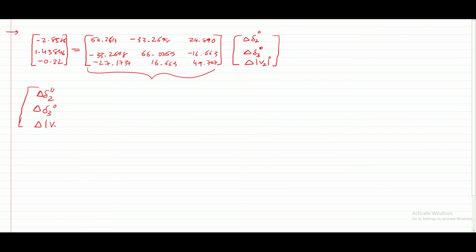That means delta delta 2, delta delta 3 and delta delta V, which is equal to, I will write just the final value, and the mathematical process you can calculate by yourself. Here just take the inverse of this matrix and multiply with this matrix. So we will get the delta delta 2, delta delta 3 and delta delta V2.